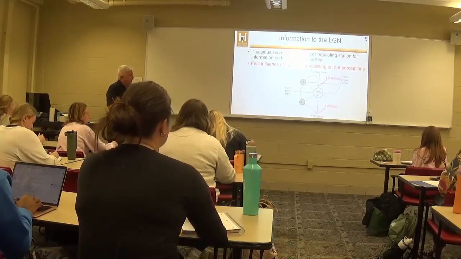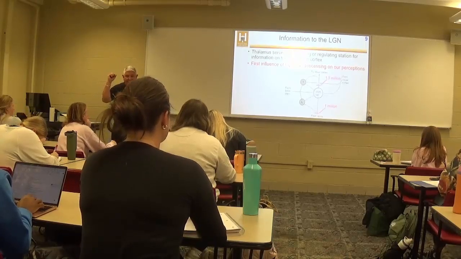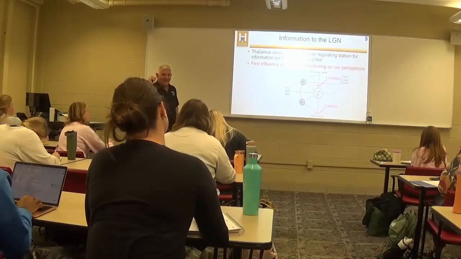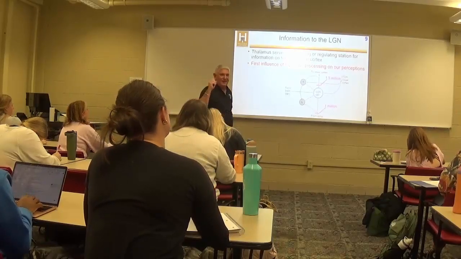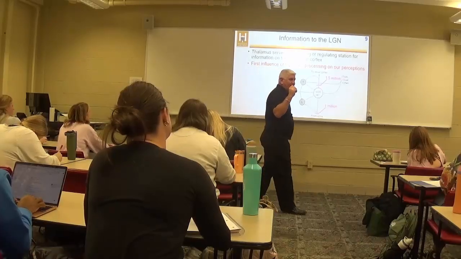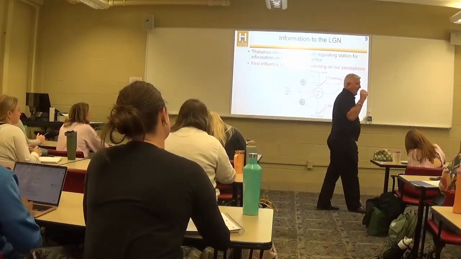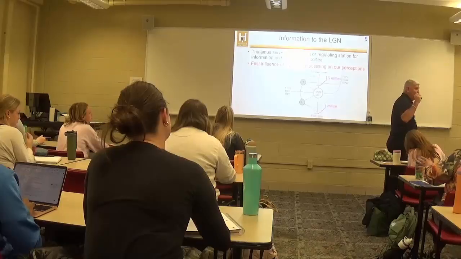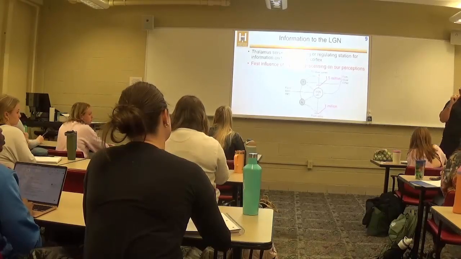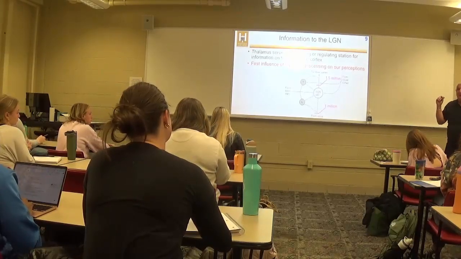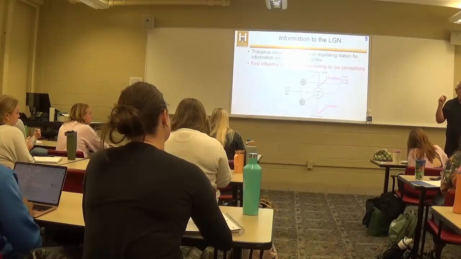All right, so 1 million optic neurons, ganglion cells, right, come from the eyes, go into the thalamus, but actually 1.5 million leave the thalamus and go to visual cortex. So again, we are manipulating that bottom-up signaling.